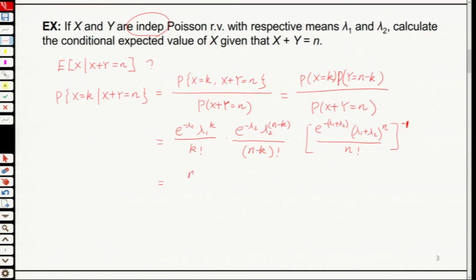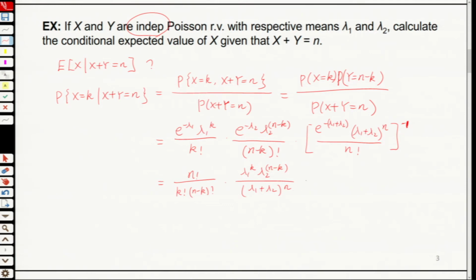So this will become n factorial divided by k factorial times n minus k factorial, then times lambda 1 to the k and lambda 2 to the n minus k divided by lambda 1 plus lambda 2 to the n. So the exponential part cancelled because you have the inverse over there. They cancelled and become 1.